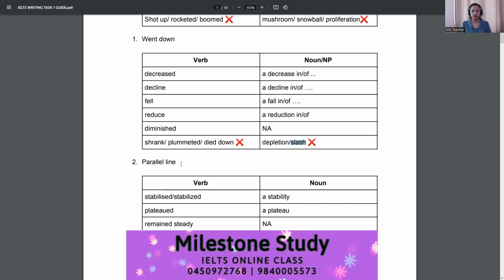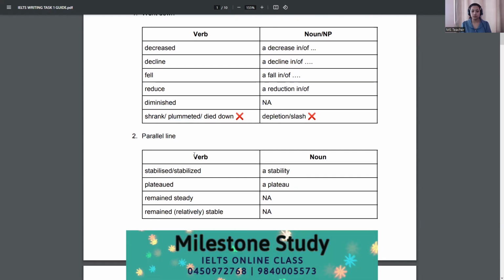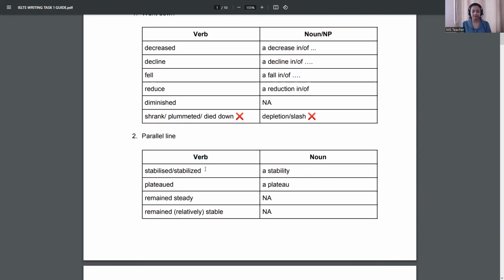For graphs that are parallel, this means that the graph stays on the same line, and you can use these words. So for example, the verbs, right? You can use stabilized, right?